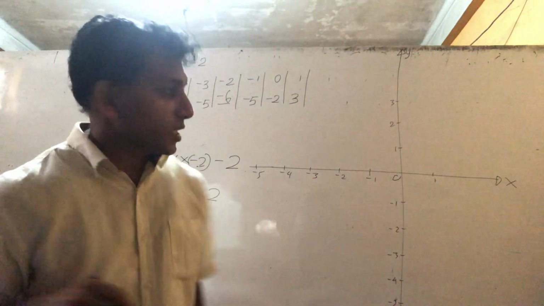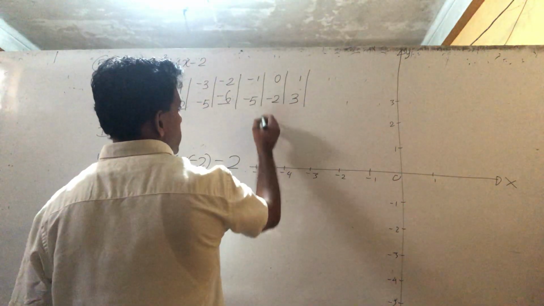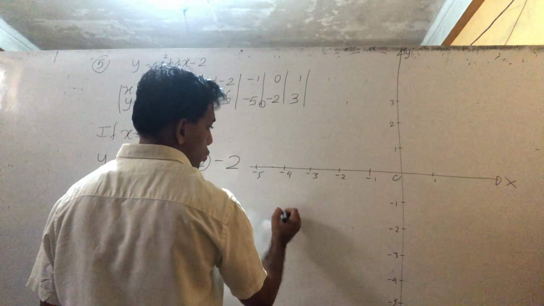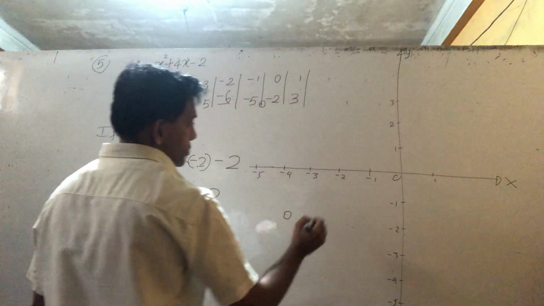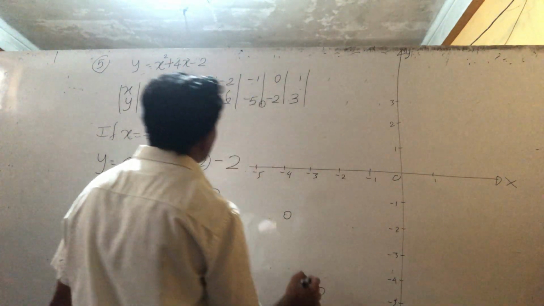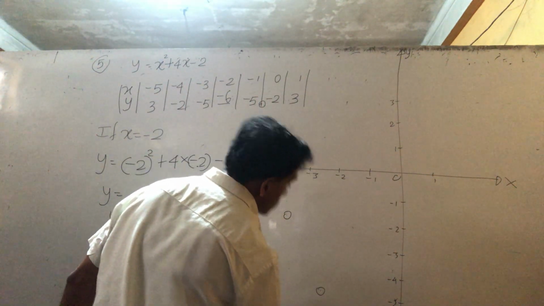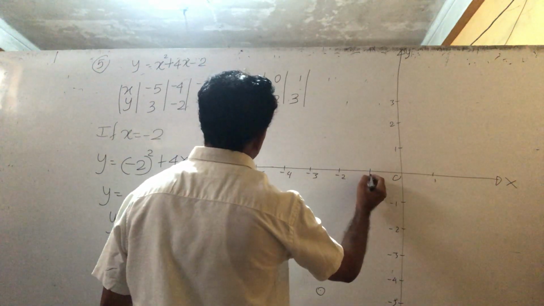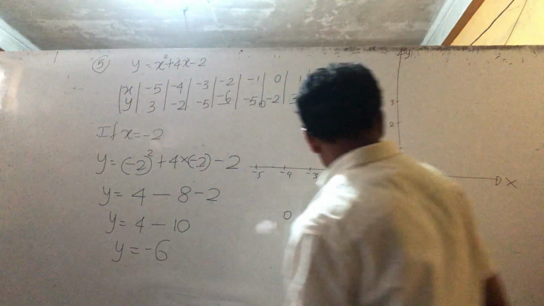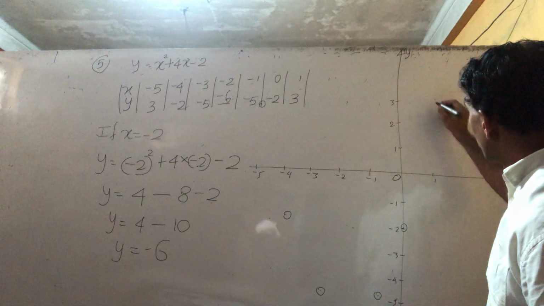So mark the coordinates with respect to the x and y values. x minus 5, y 3, somewhere here. x minus 4, y minus 2; x minus 3, y minus 5; x minus 2, y minus 6; x minus 1, y minus 5; x 0, y minus 2; x 1, y 3.